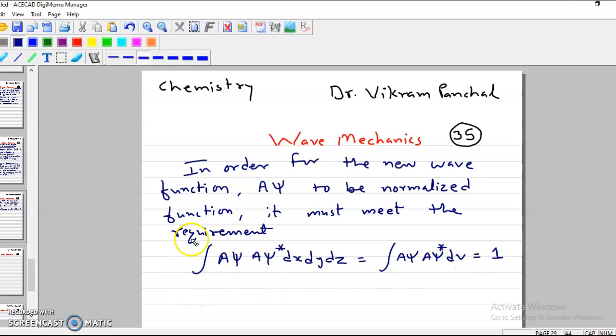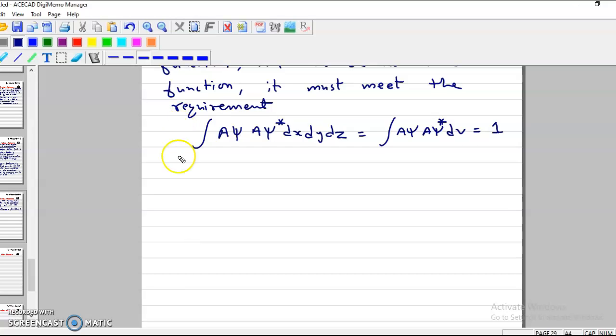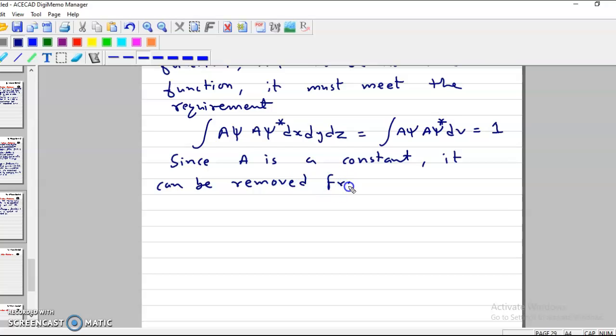Okay, since a is a constant, it can be removed from the integral sign, and therefore we write a square integration psi into psi star dx dy dz, or dV, is equal to 1.